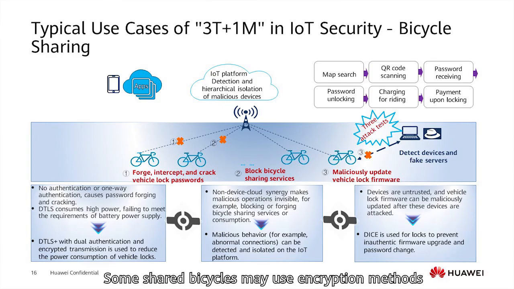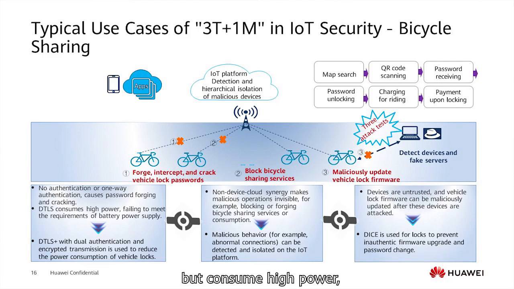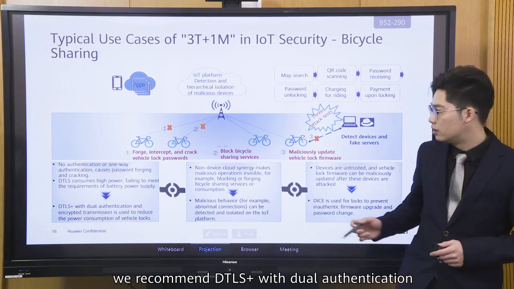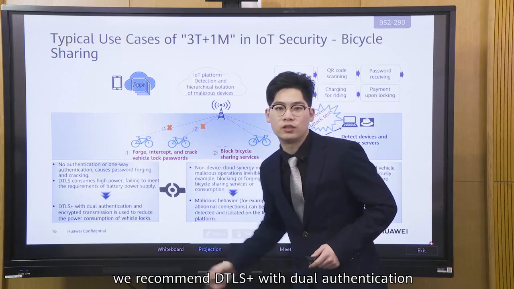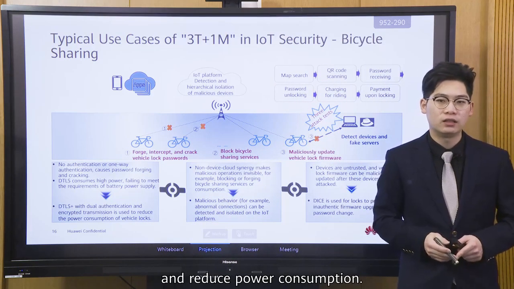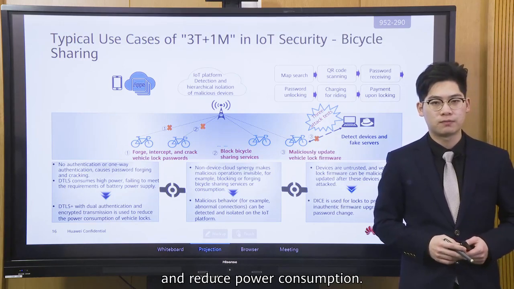Some shared bicycles may use encryption methods but consume high power, failing to meet battery requirements. To address these issues, we recommend DTLS Plus with dual authentication to improve confidentiality and reduce power consumption.